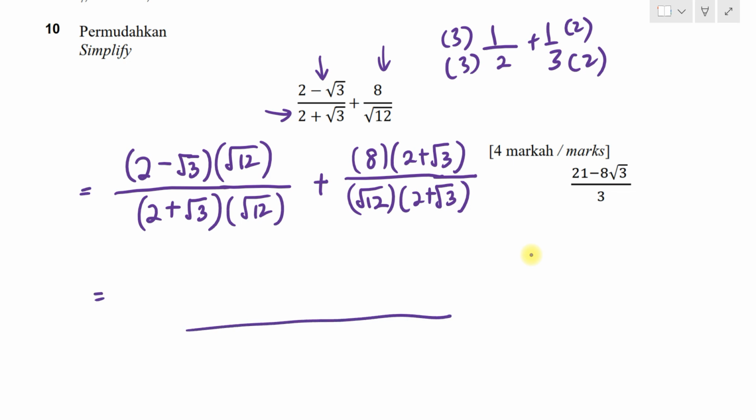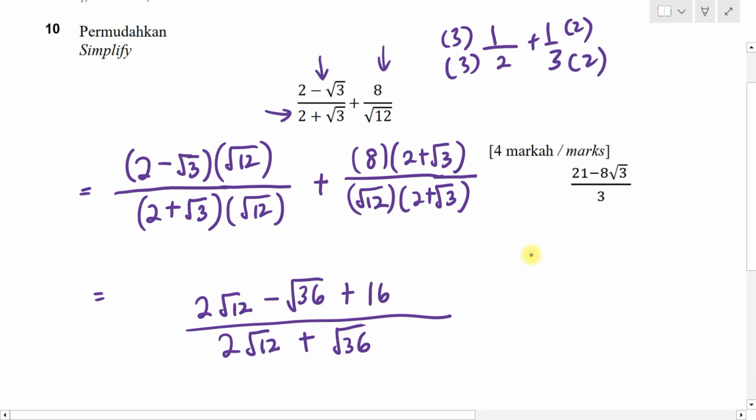So the bottom should be 12 times 2 is 2√12, and then √3 multiply √12 is √36, and so on. 2 times √12 minus √3 multiply √12. You can multiply inside because multiply √36 plus 8 times 2 is 16 plus 8√3.